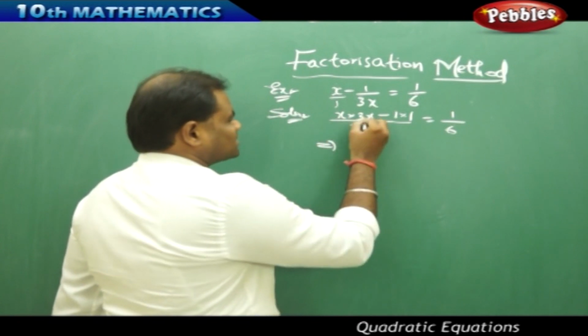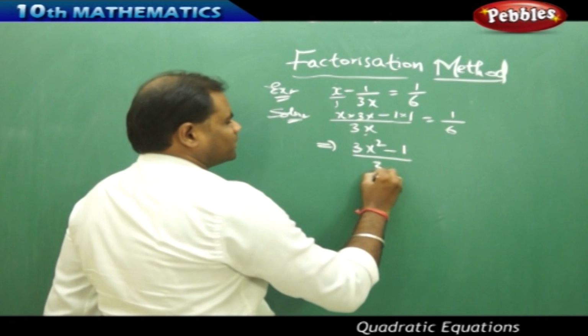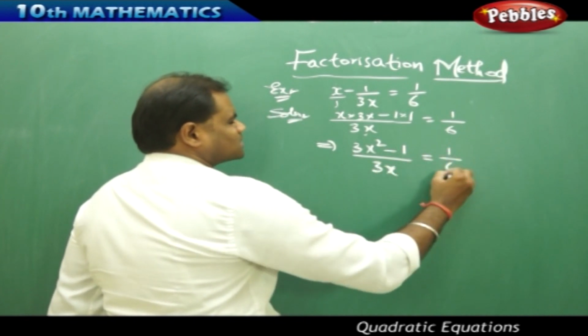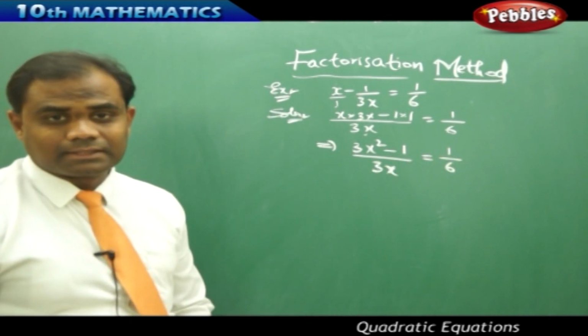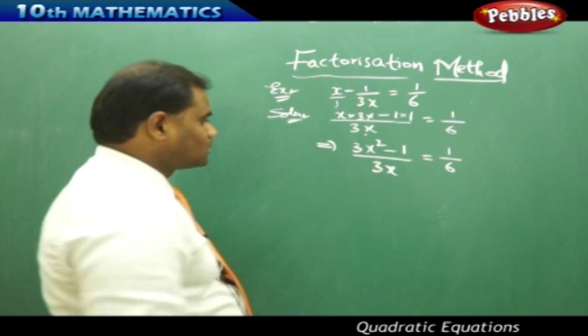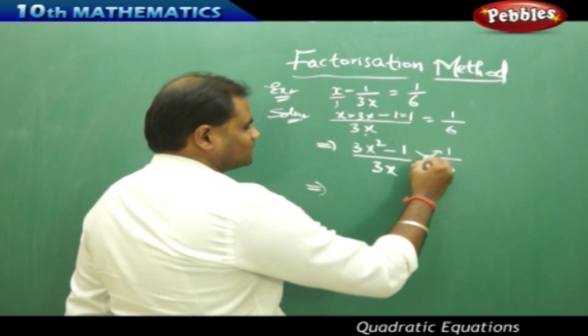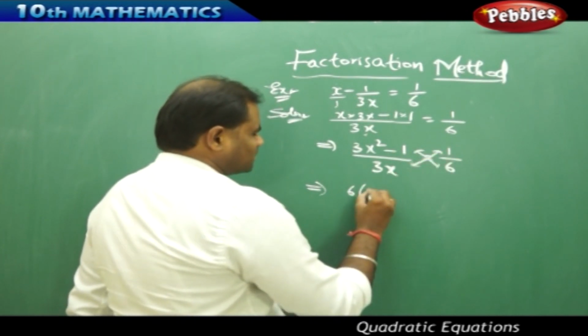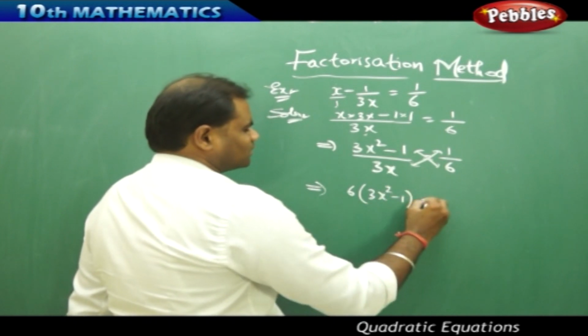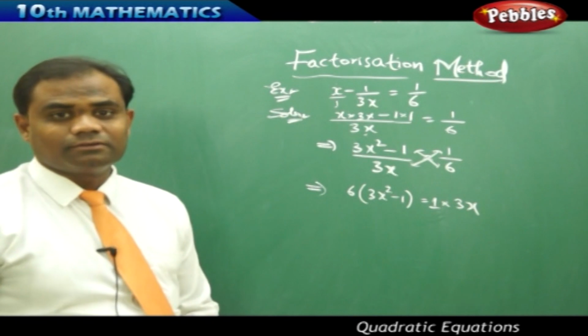Next, x times 3x is 3x squared minus 1 over 3x equals 1 over 6, is how I get the simplified part of the above equation. Now this, on further simplification through cross multiplication, gives me 6 times (3x squared minus 1) equals 1 times 3x, which needs to be further simplified.